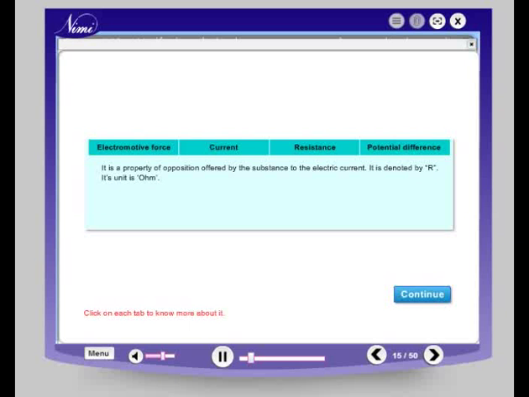It is a property of opposition offered by the substance to the electric current. It is denoted by R. Its unit is ohm. Potential difference. The difference of voltage across 2 points in a circuit is called a potential difference and is measured in volts.